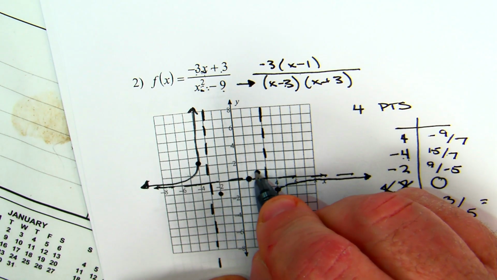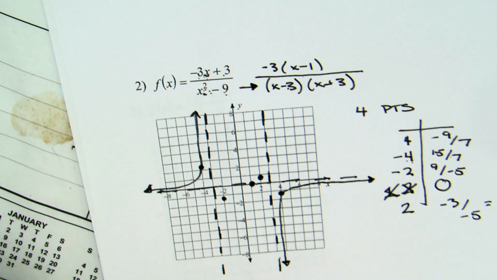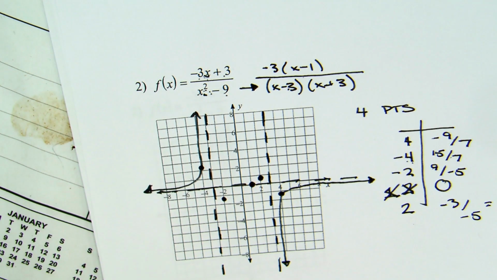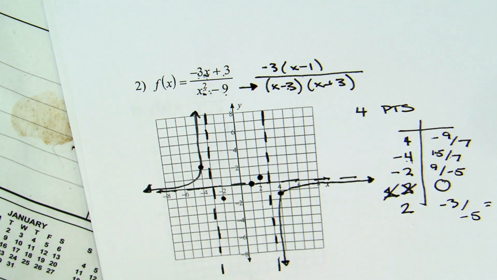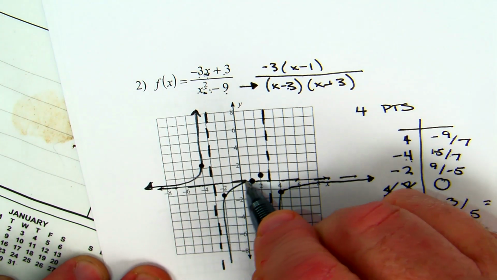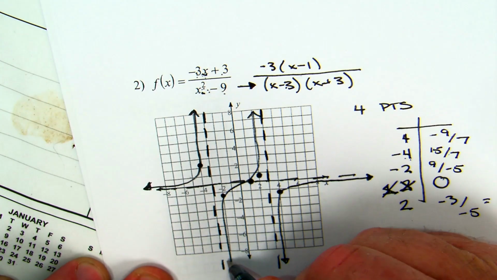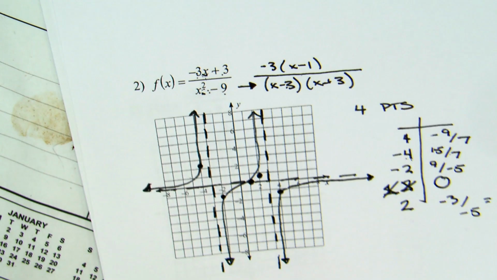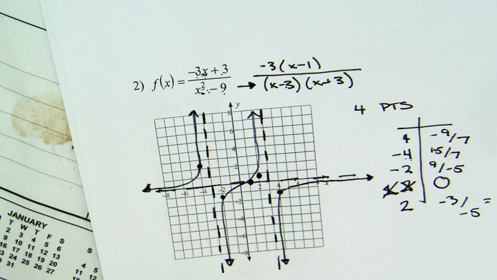The positive is very important because that tells you the shape of the inside. Do you have 1 point underneath and 1 point above? That means you have this shape. And you're done. It can cross the asymptote in between.